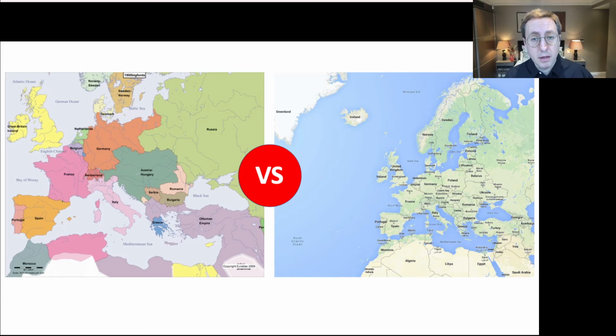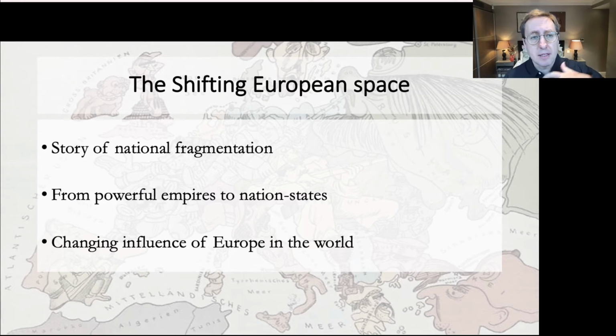It is a story that is quite complicated, but it's a story and a set of events that has been central to the way we understand our life today in Britain and in the world. It is a story of national fragmentation, whereby certain empires dissolve and then new nation states are created. It is a story of different kinds of power balances.